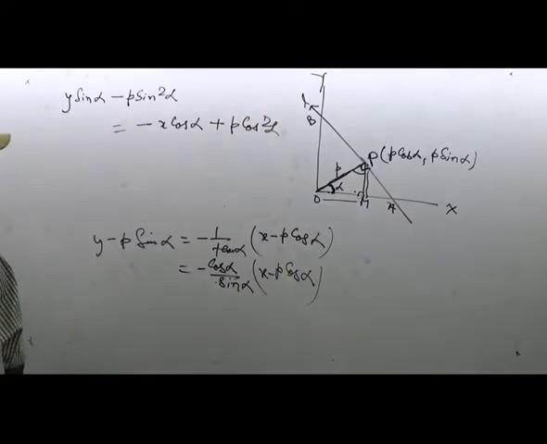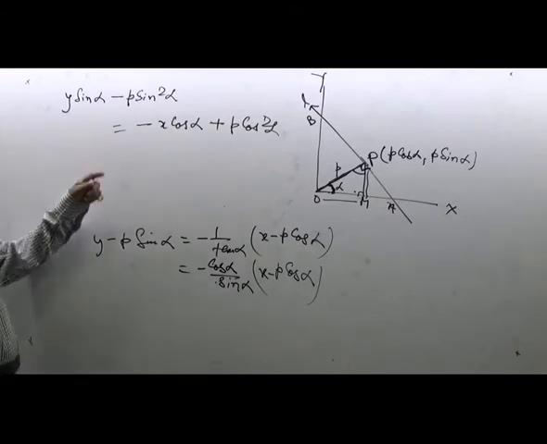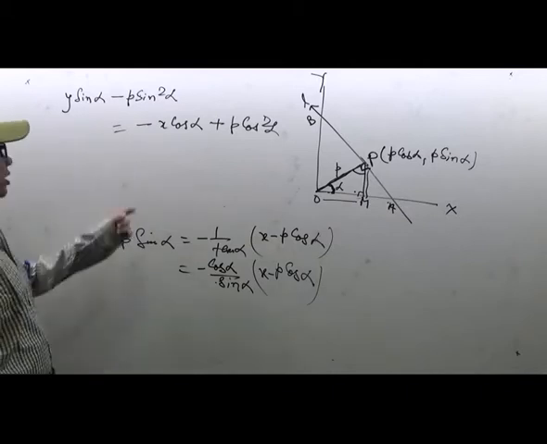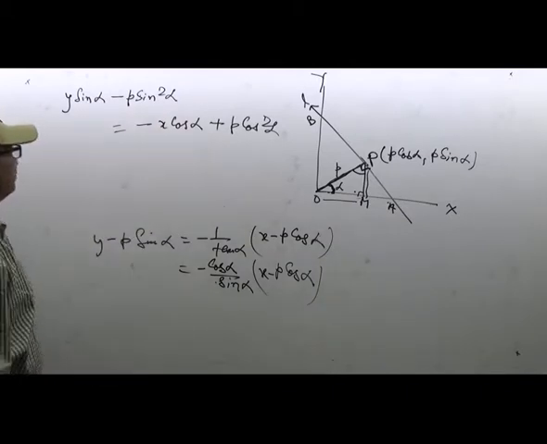Now minus x cos alpha, it will take it on the left hand side, so it is positive. And minus P sin square alpha, it will take it on right hand side, so it is positive.